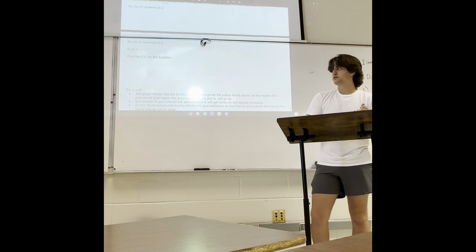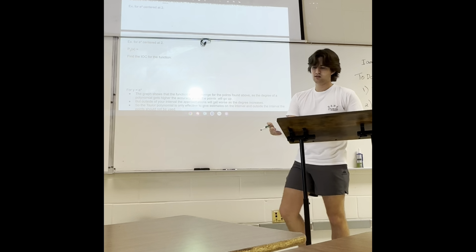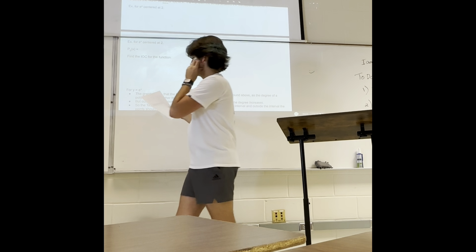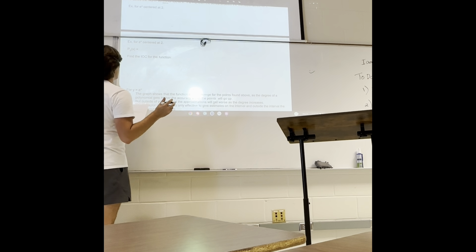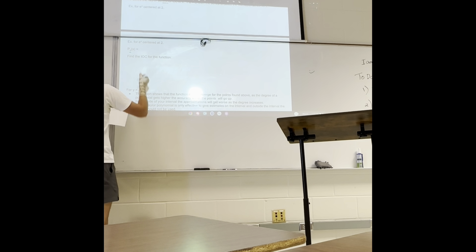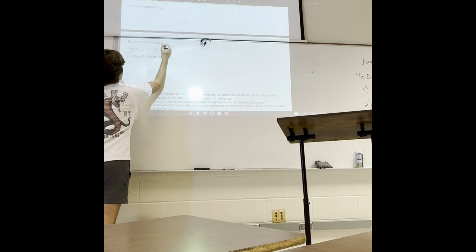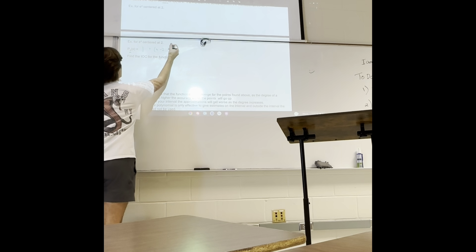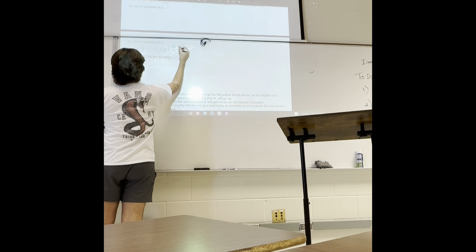So the first example, we're going to do e to the x centered at 2. e to the x is one of the ones that you need to have memorized, and we're only doing it to the 3rd degree. So 1 plus x minus 2 plus x minus 2 squared over 2 factorial.